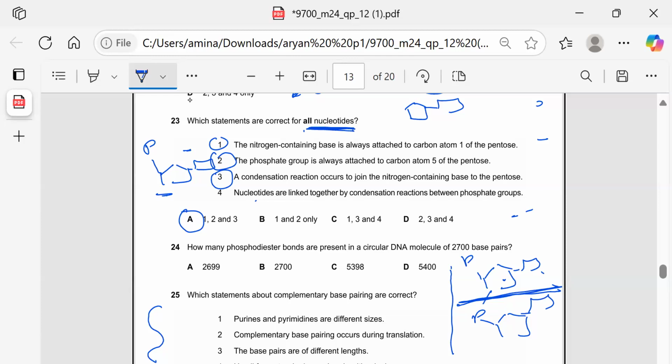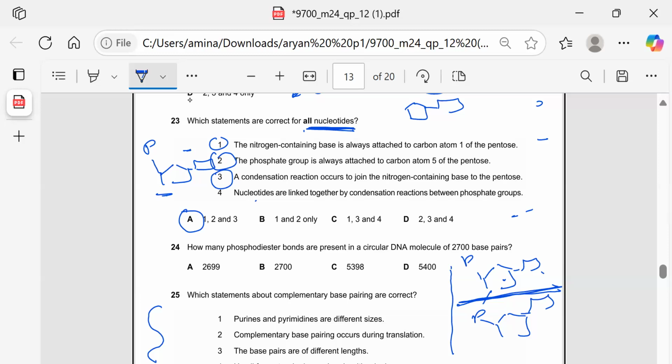I'm going with question 24. It is asking how many phosphodiester bonds are present in a circular DNA molecule of 2700 base pairs.